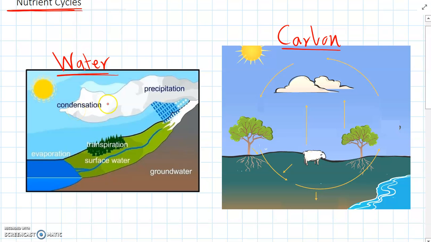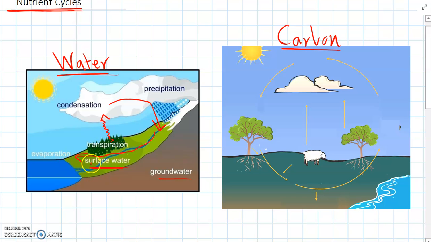And then as that water falls down as rain or snow, we call that precipitation, and the water goes into the ground, on the surface or underground, and then water's taken up by trees, and then it's drunk by animals, and that gets released back into the environment again through transpiration.